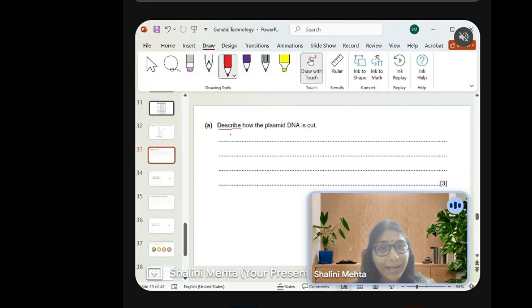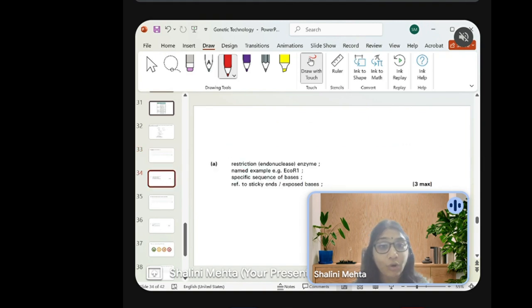So what will I write? The plasmid DNA is cut by restriction enzymes or restriction endonuclease enzyme. I can give an example. It cuts at the specific sequence of bases, creating sticky ends, and the exposed bases make it easier to join those strands together. Is that clear? Any doubts?